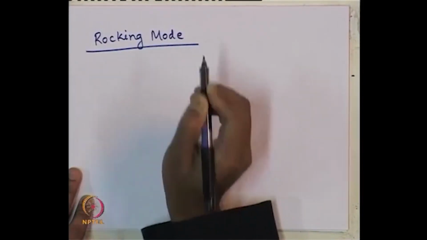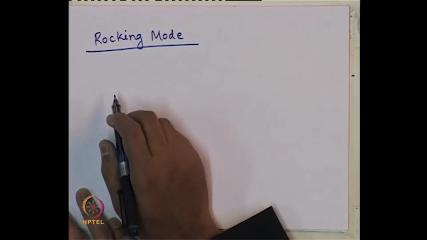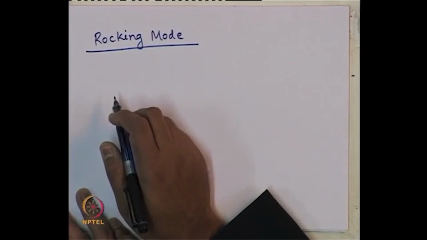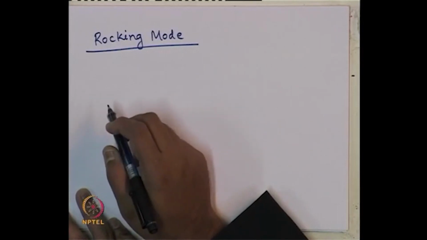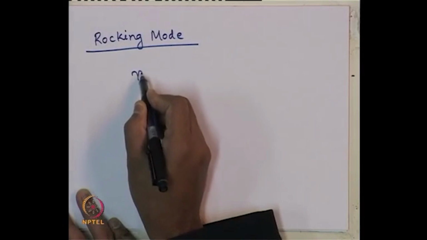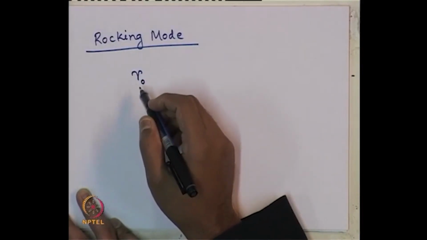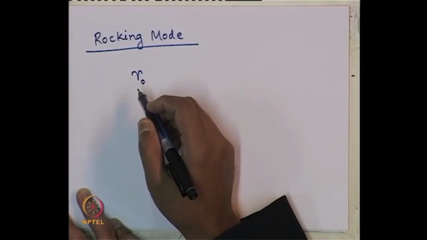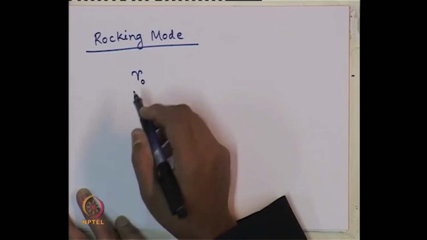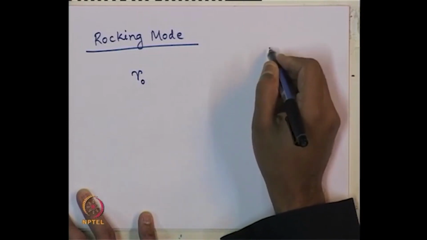In rocking mode, we have to find out the equivalent radius of a circular base. In this case, the R naught is not like previous equation, that is root over a by pi, not like that. Why? In the previous case, for vertical or horizontal mode of vibration, let me show you here.